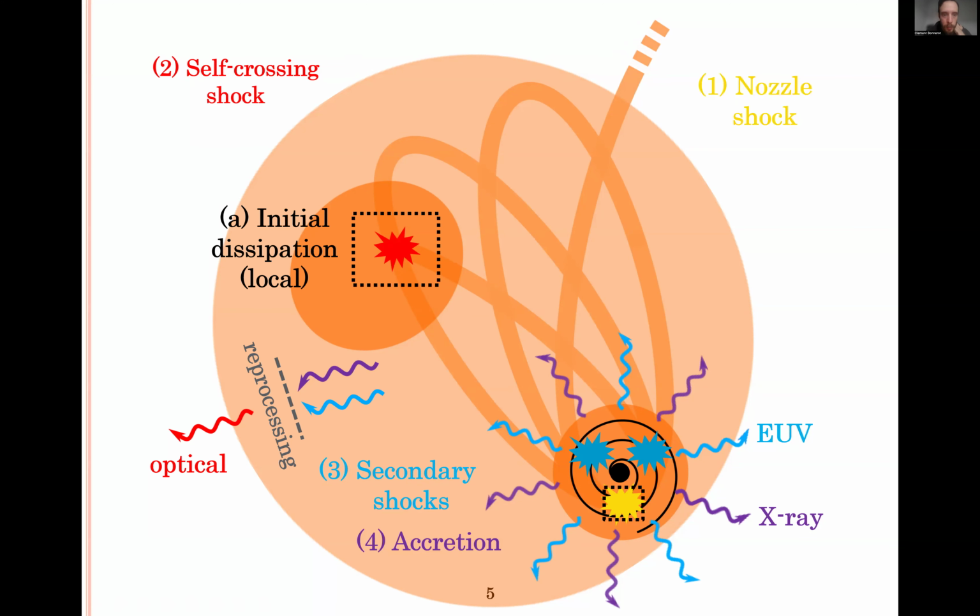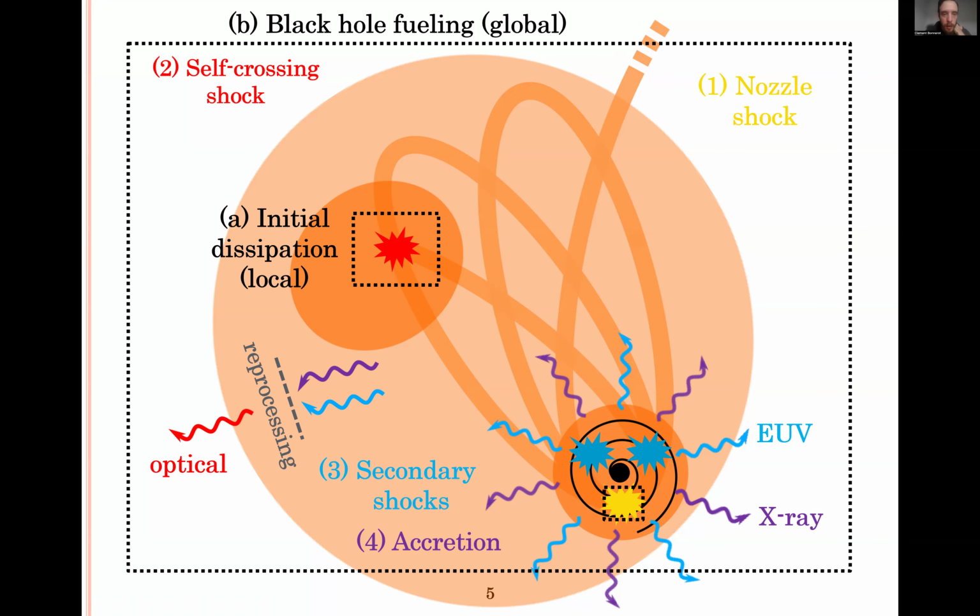And in the last part of the talk, I'll explain what happens after to this outflow from the self-crossing shock, and in particular, how it forms an accretion disk around the black hole. And this will be followed using a global simulation. All right, so are there any questions until here before I enter the explanation of the different phases?